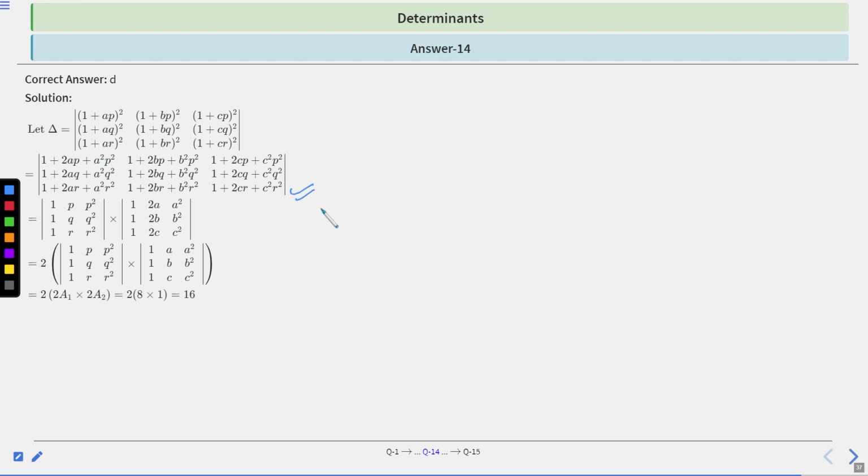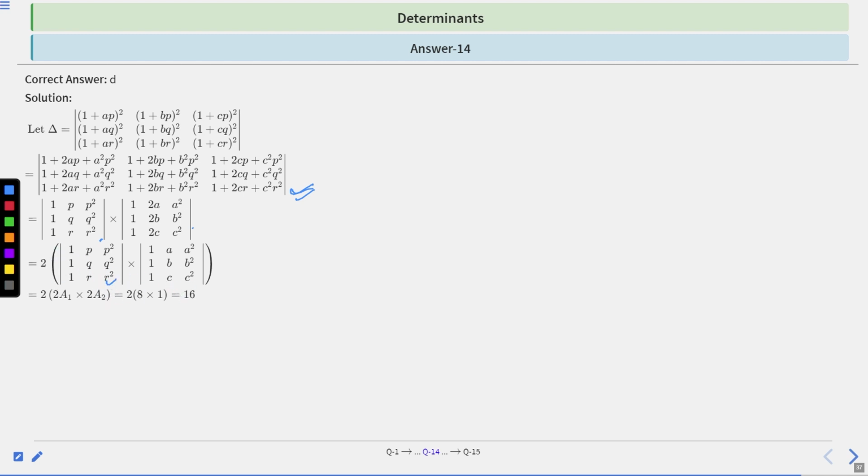Now this determinant can be further taken as the product of this determinant into this determinant. Clear? Which is 2 times the product of these determinants, because this is 2a 2a 2a 2a 2b 2c. We have taken 2 common, 2 out. So it is 2 times the product of these 2 determinants.